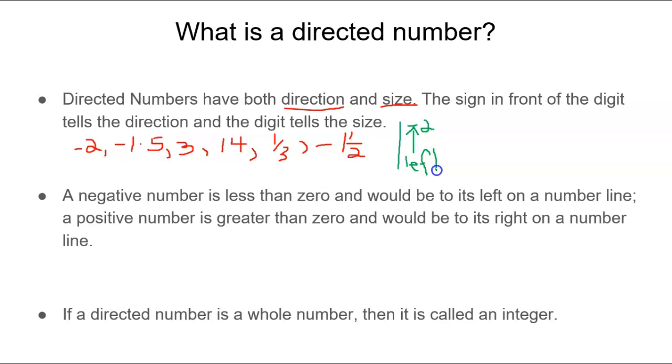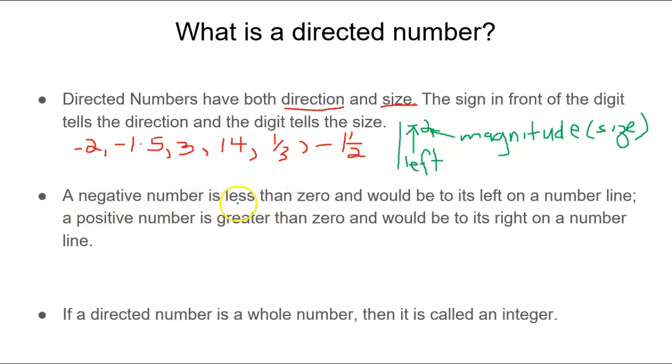And the 2 represents the magnitude or size. So a directed number has both size or magnitude and direction.